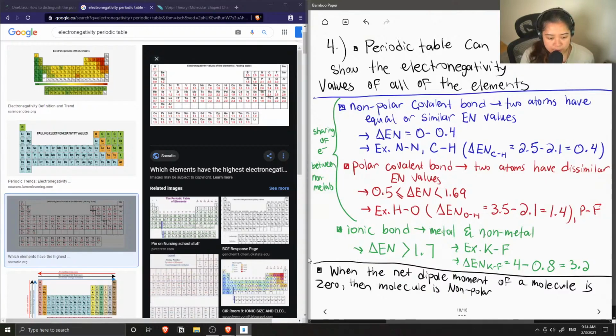And typically it's symmetrical, so the dipole moments will cancel each other out. And when there's a non-zero dipole moment, then we have a polar molecule.